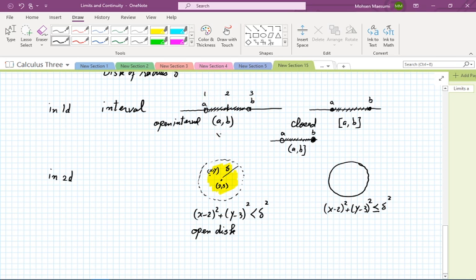Here I can say x minus 2 in absolute value is less than 1. Here a similar setup, x minus 2 in absolute value less than or equal to 1. Then the equality allows the endpoints to be included.